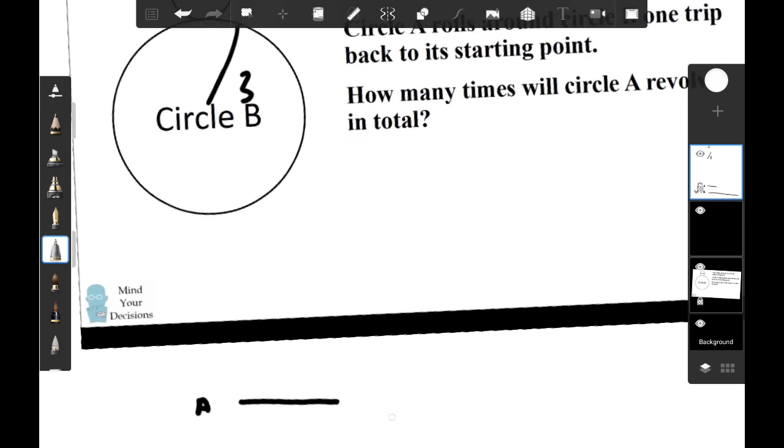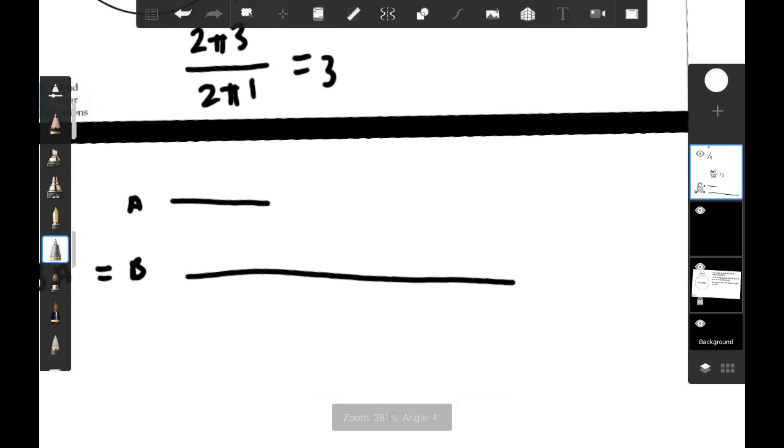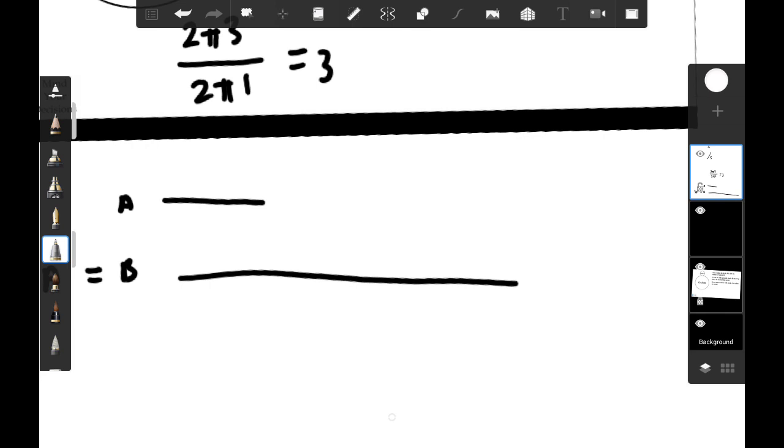So 2 pi, the formula for circumference, over the formula for circumference, we get 3, which means that B equals 3A. In other words, we can divide B into 3 parts, and all of these are equal in length.